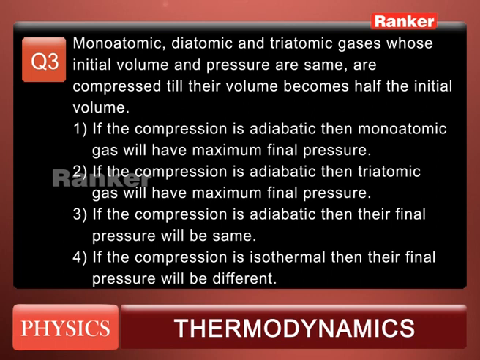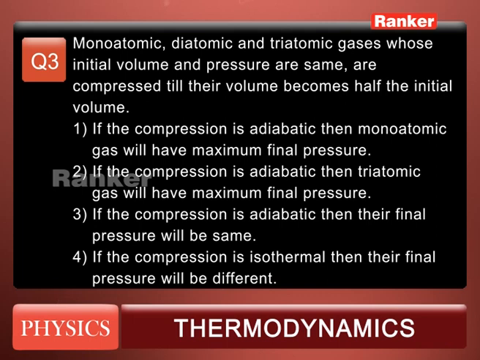Second option: if the compression is adiabatic, triatomic gas will have maximum final pressure. In the third option, if the compression is adiabatic, then their final pressure will be the same. And the fourth option: if the compression is isothermal, then their final pressure will be different.